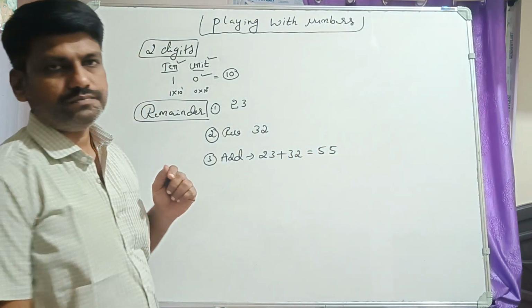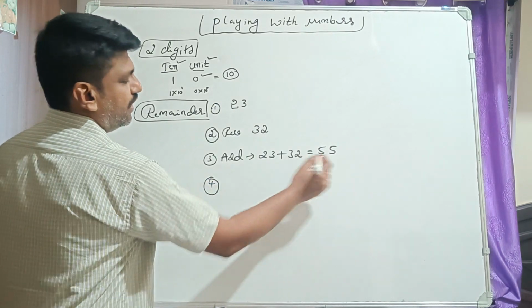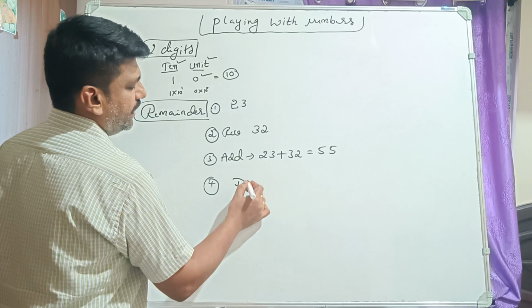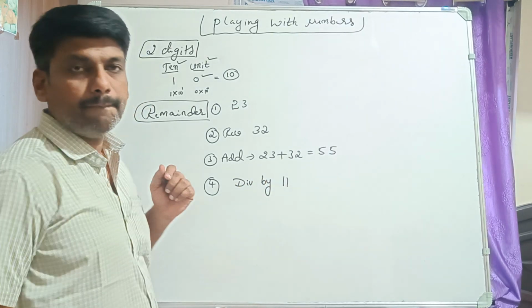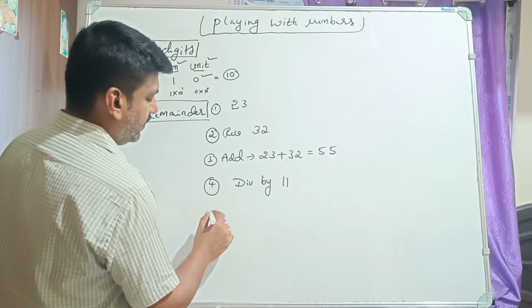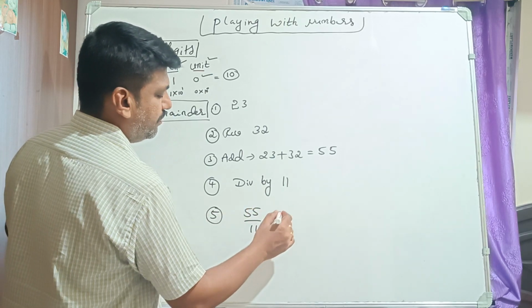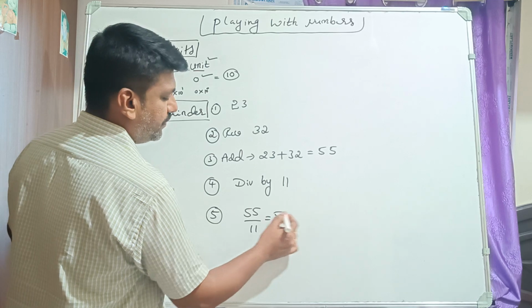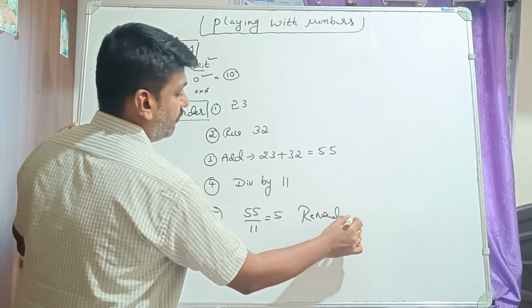What you will get is 55. Then I will tell you to divide the number we got by 11. 55 divided by 11, what is the remainder you will get? 11 fives are 55, so the remainder value is 0.